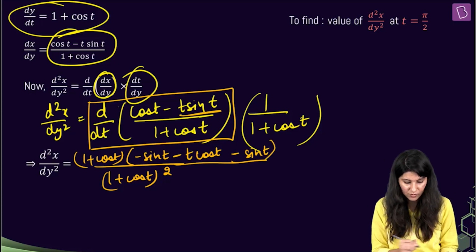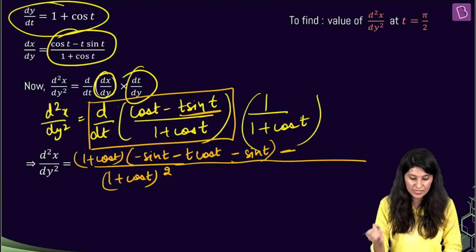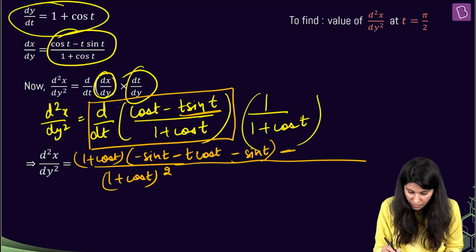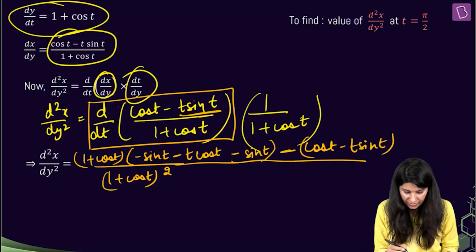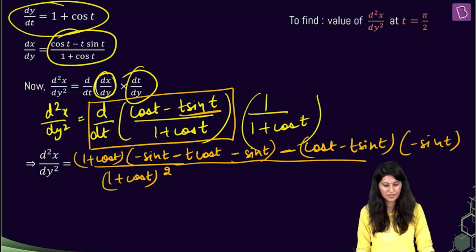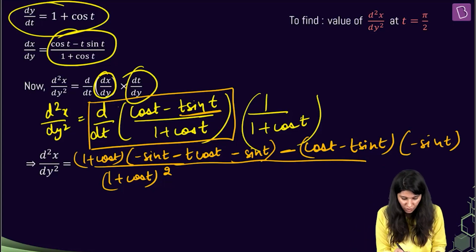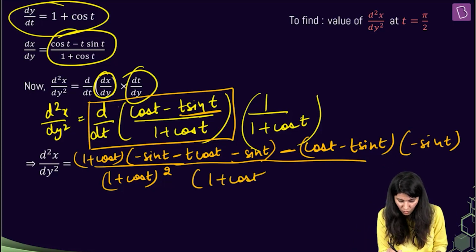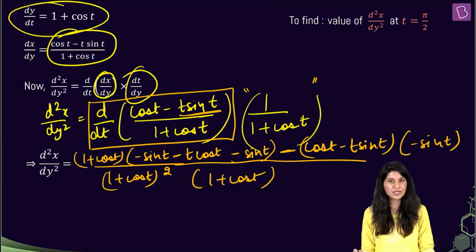Okay, cool, right? And then again minus, now this time (cos t minus t sin t) as it is. And then derivative of 1 plus cos t is nothing but minus sin t. So this is the whole expression you're getting for d2x by dy square. And of course you have one more (1 plus cos t) over here. You just need to rearrange, nothing else.